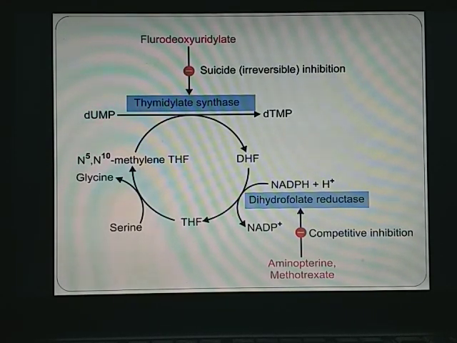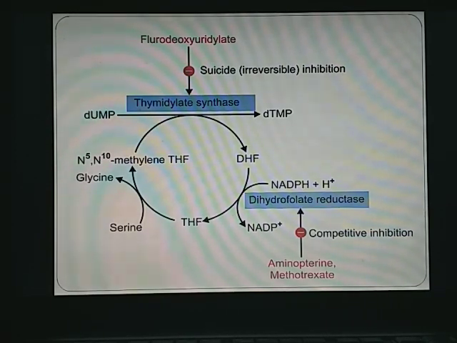The competition is between the substrate dihydrofolate and aminopterin and methotrexate to bind the active site of the enzyme dihydrofolate reductase. Here the affinity of these anti-cancer drugs, aminopterin and methotrexate, is 100 times more when compared to dihydrofolate.